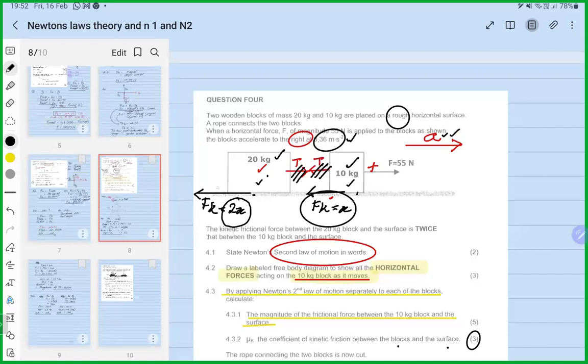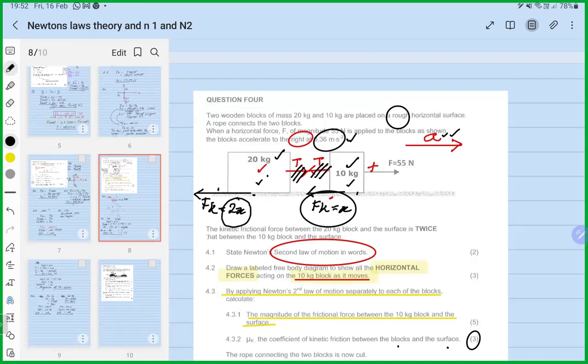The only force acting on it horizontally is the kinetic frictional force. So what should happen to the 20 kilogram? It will slow down and eventually come to a stop.